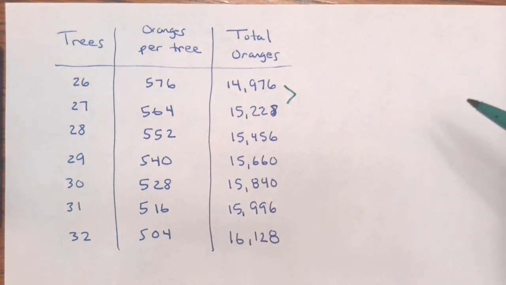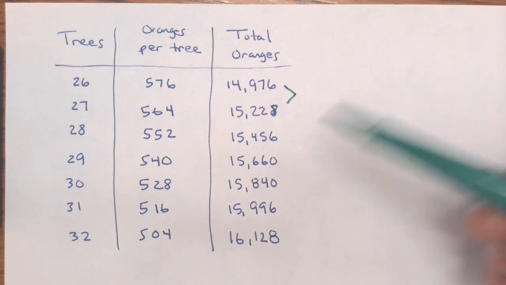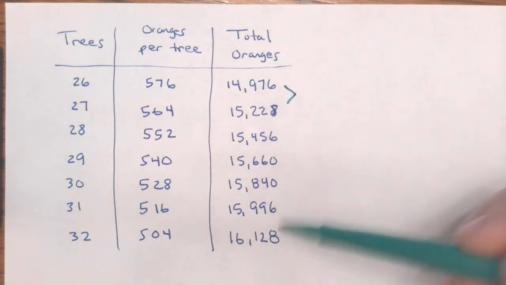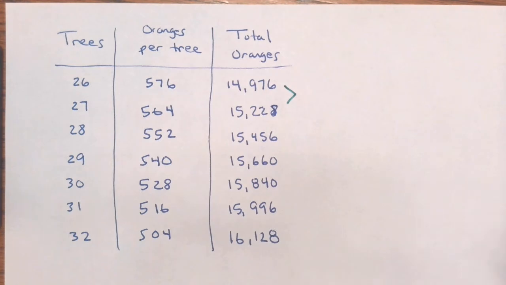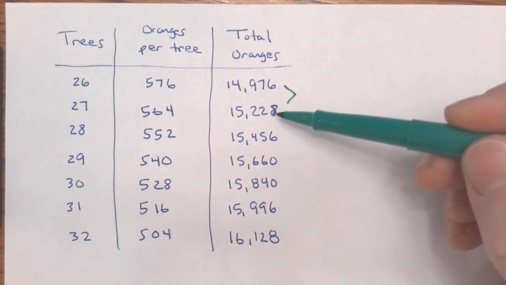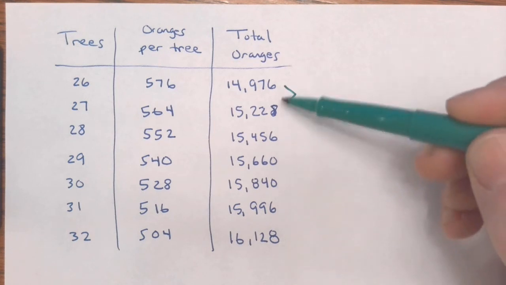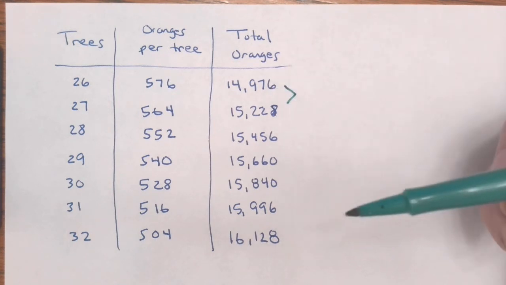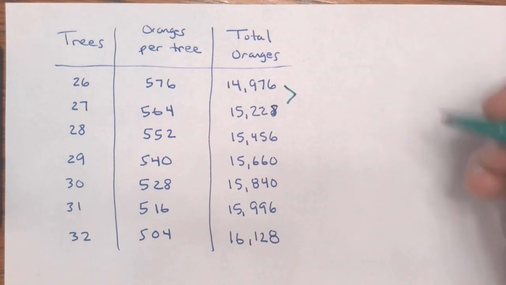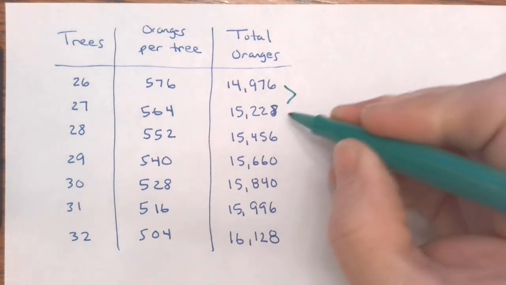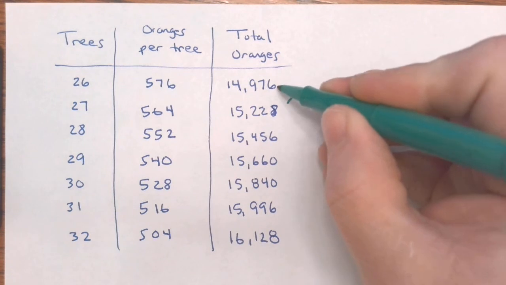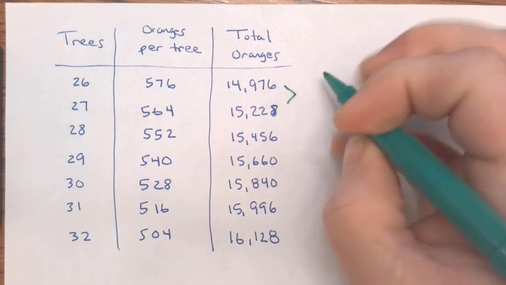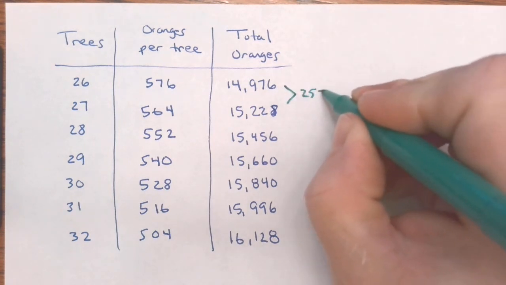So to figure out if this is linear, we're going to do the first differences. We're going to take our total oranges here, and we're going to subtract them. You would want to do your value of oranges, whatever you happen to be looking at in this list, and then subtract off the previous one in order for you to come up with your first difference for each pair. So 15,228 minus 14,976, that is 252.